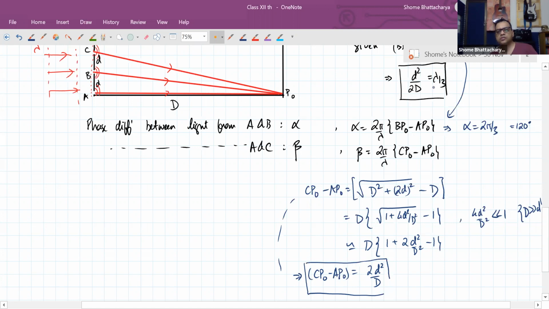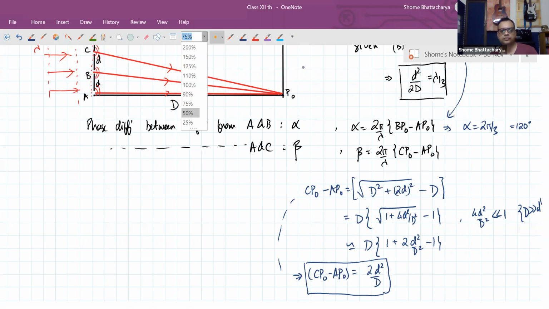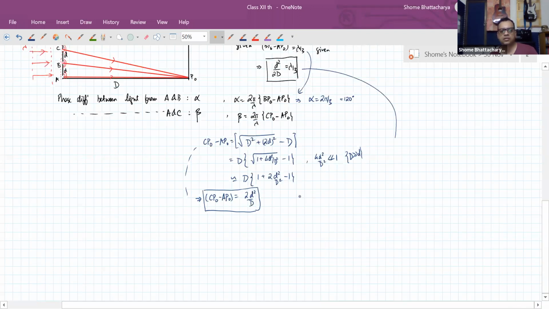Okay. So now you substitute the information that we have above. So this is becoming 4 times lambda by 3. That means beta, which is 2 pi by lambda times this, is equal to 8 pi by 3.